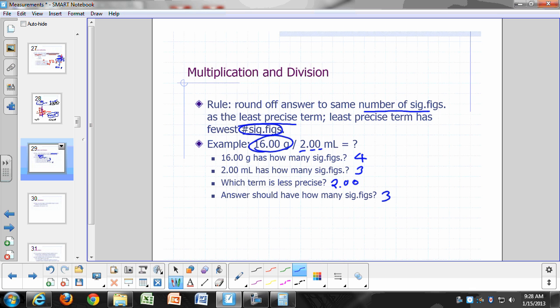So 16.00 divided by 2 is 8, so that's 8 grams per mil. But we should not report that simply as 8 grams per mil. We should report it to 3 significant digits. So how do we make this 3 sig figs? You write it as 8.00 grams per mil. That gives you 3 significant digits in the answer.